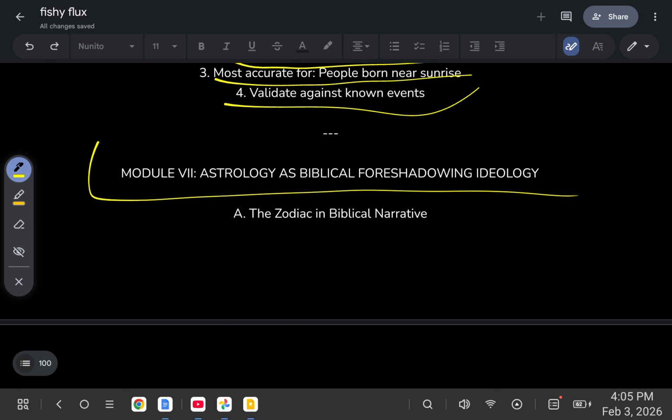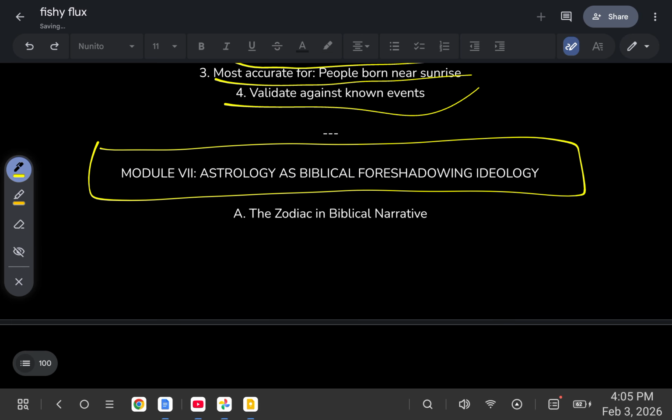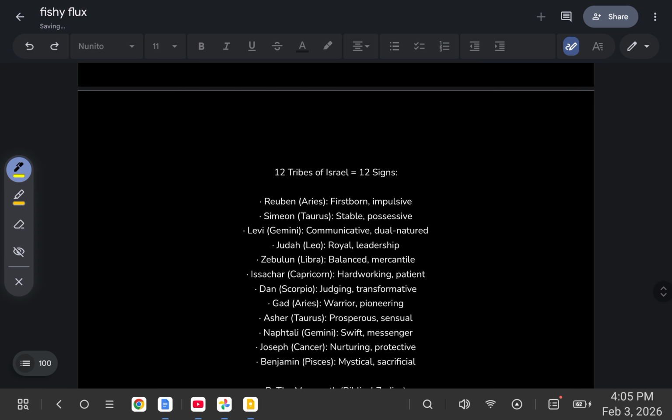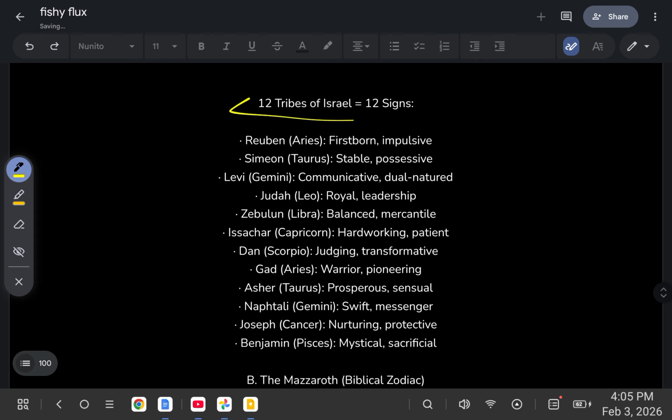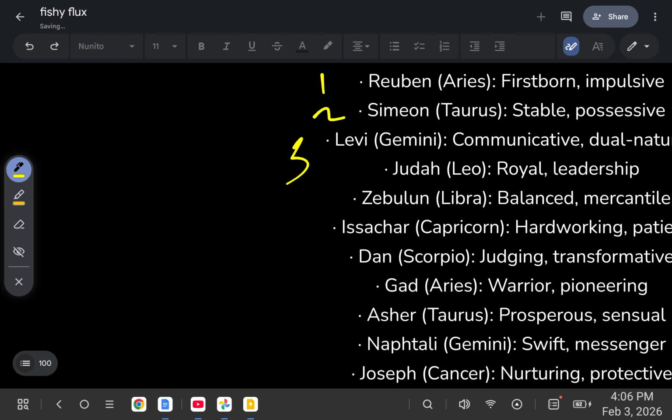Next, we have astrology as biblical foreshadowing ideology, the zodiac in biblical narrative. First, the 12 tribes of Israel equals 12 signs. Like, really? And I know I should have already numbered this, but whatever.